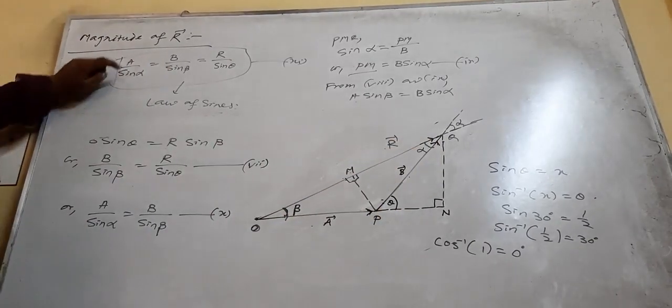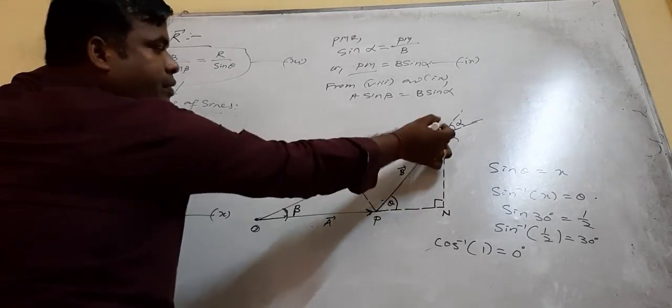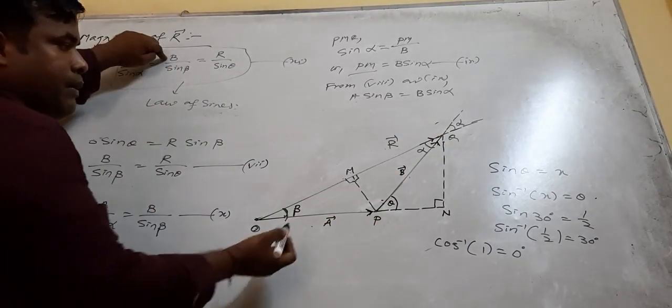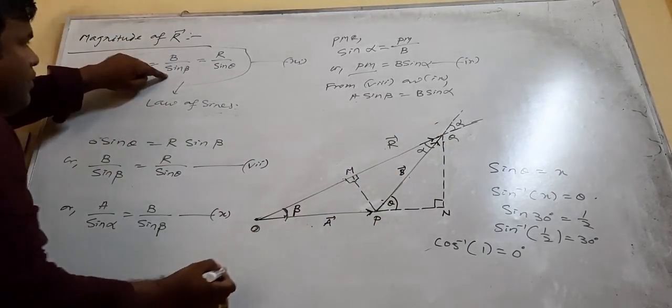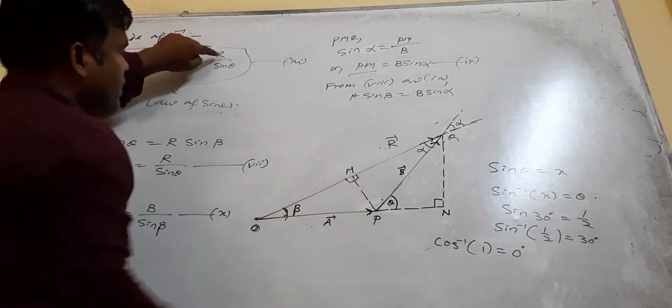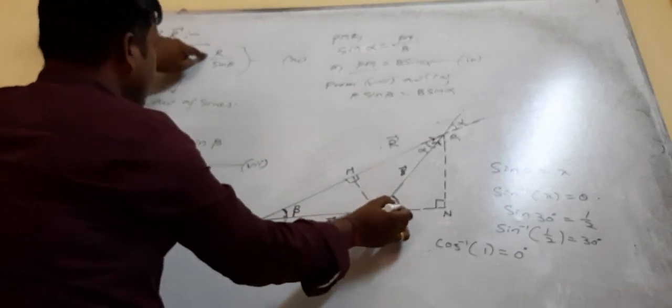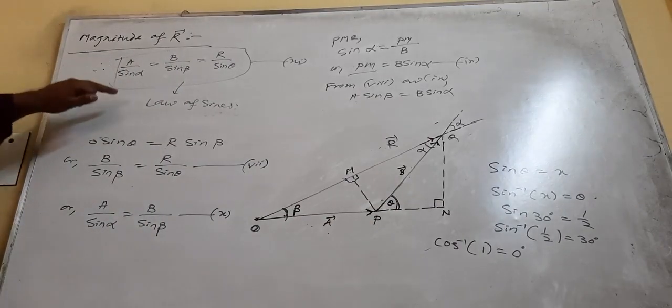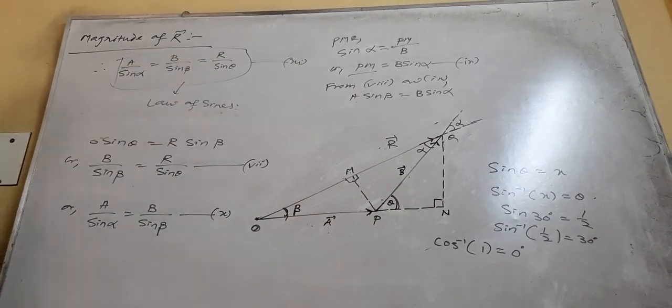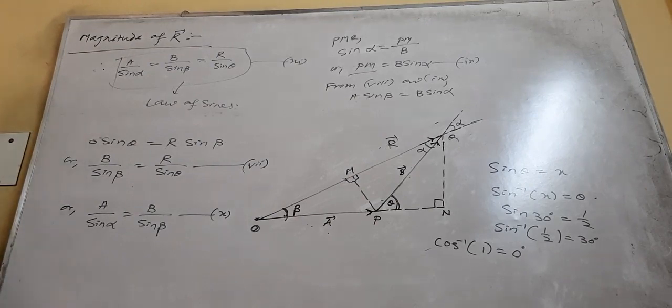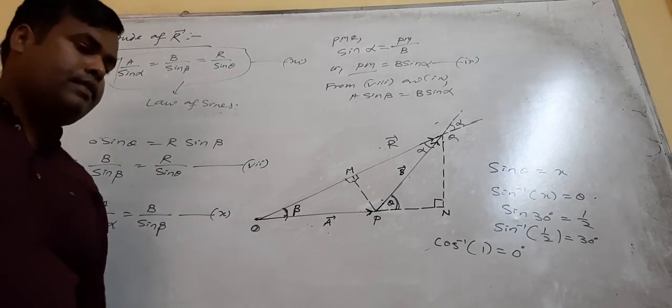If you take B, I take the angle between A and R, that is beta. If you take R, I take the angle between A and B, that is theta. So A by sine alpha is equal to B by sine beta is equal to R by sine theta. It is your law of sines.